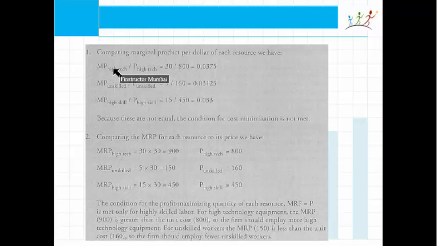High technology equipment is very productive. For $1 spent, we are getting the highest output out of high technology equipment. From unskilled labor, for $1 spent, we are getting the lowest output. So we should remove some unskilled labor and get more high technology equipment.